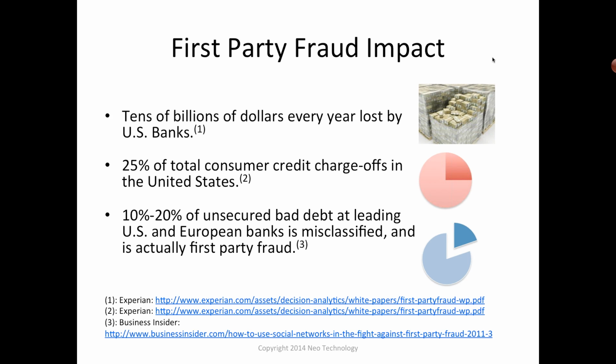One of the statistics that I think is also very difficult to believe, but that's been validated, is that almost 20% of all unsecured bad debt is actually misclassified, and it's first-party fraud. So under the radar screen, very big problem, and we'll see how this works.